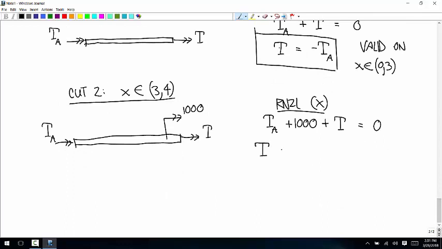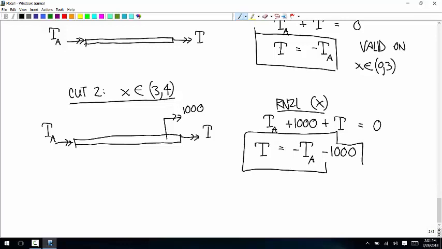So this time T is equal to negative TA minus 1,000. And that's valid for x values between 3 and 4.